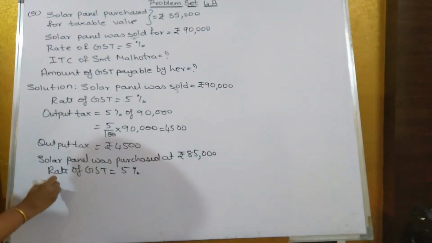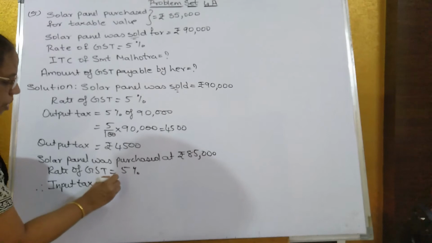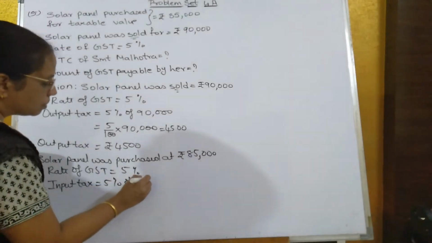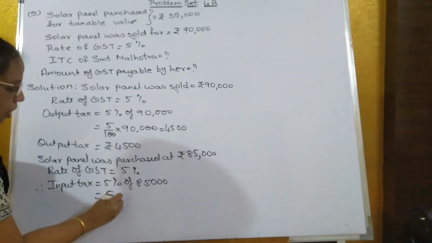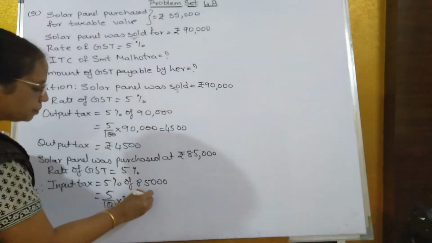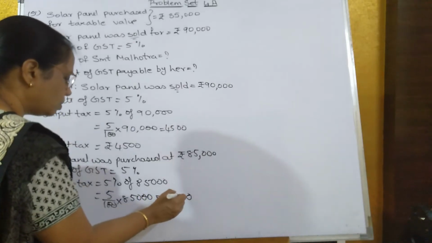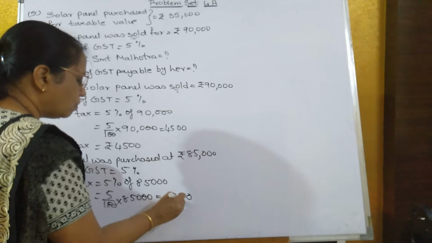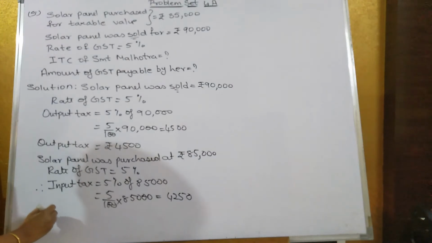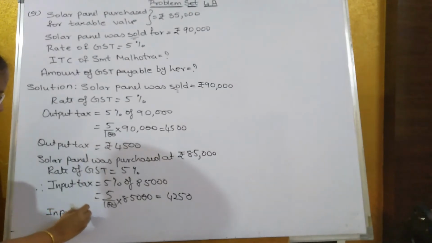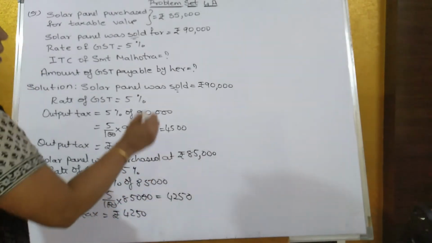Therefore, input tax is equal to 5% of 85,000. That is equal to 5 upon 100 into 85,000. Two zeros will get cancelled. That's equal to 4,250. So input tax is equal to rupees 4,250.